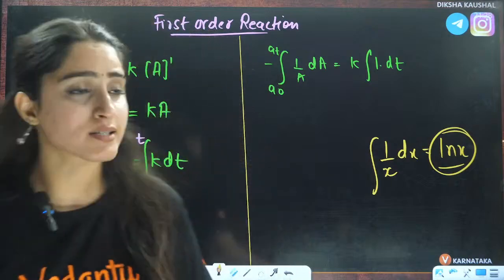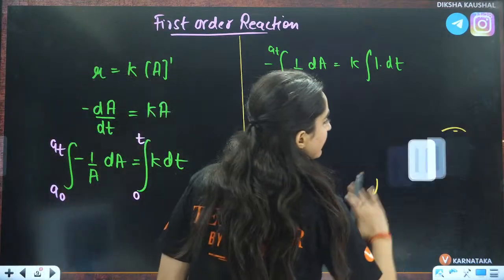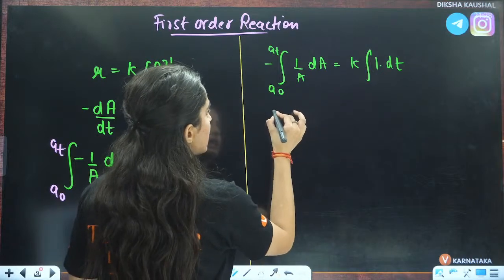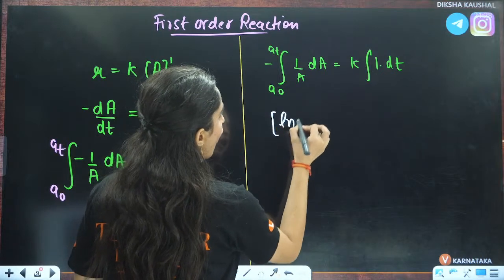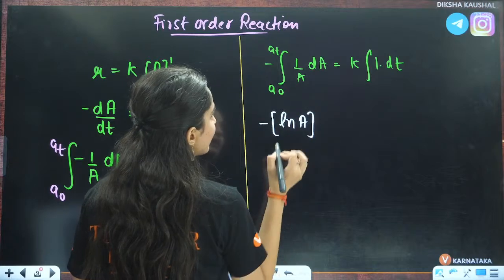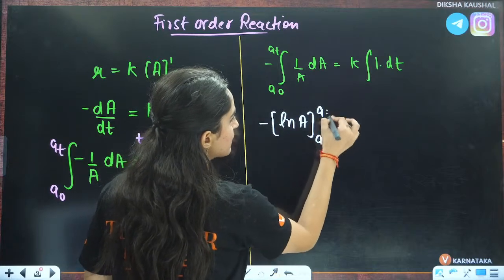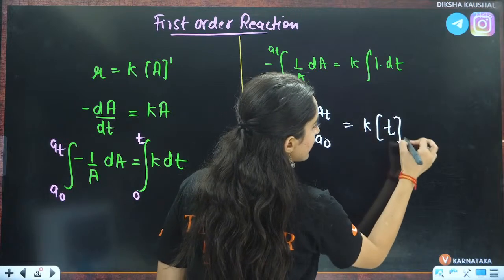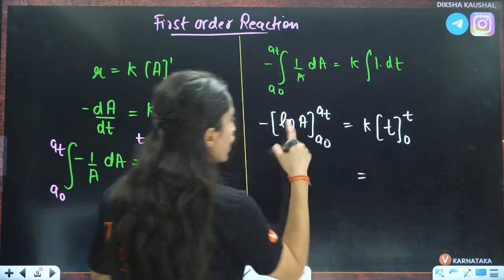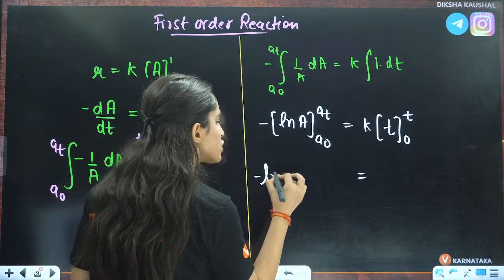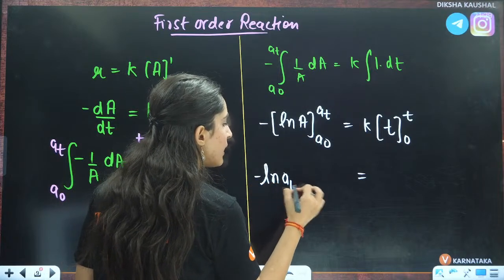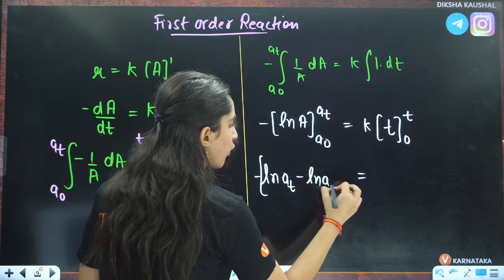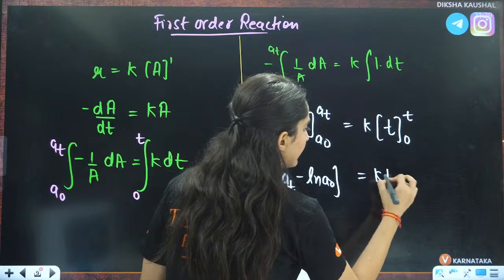Natural log of x, this is the value of integration, right? So applying the limits, it will be minus of natural log At minus natural log A naught equals K times t, since it is 0 to t.